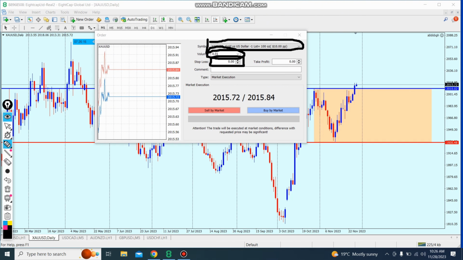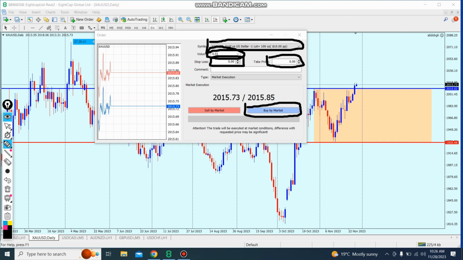You have to put your stop loss price in this box, and this is your take profit. So you have to put your take profit price in this box. After that you have to click on buy if you are going to buy. If you are going to sell, then you have to click on sell. In this case we are going to buy, so we have to click on this buy button.